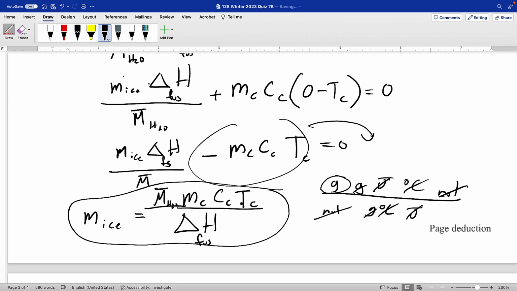Whenever you do a problem like this, it's probably a good idea to have a key where you just define the symbols. Some of them are given in the problem, but it's just a good idea for your own purposes when you're doing a problem. And it could help with partial credit to put in how you're defining things, like that this is the molar mass. Actually, that was already given, so we don't have to put that in.